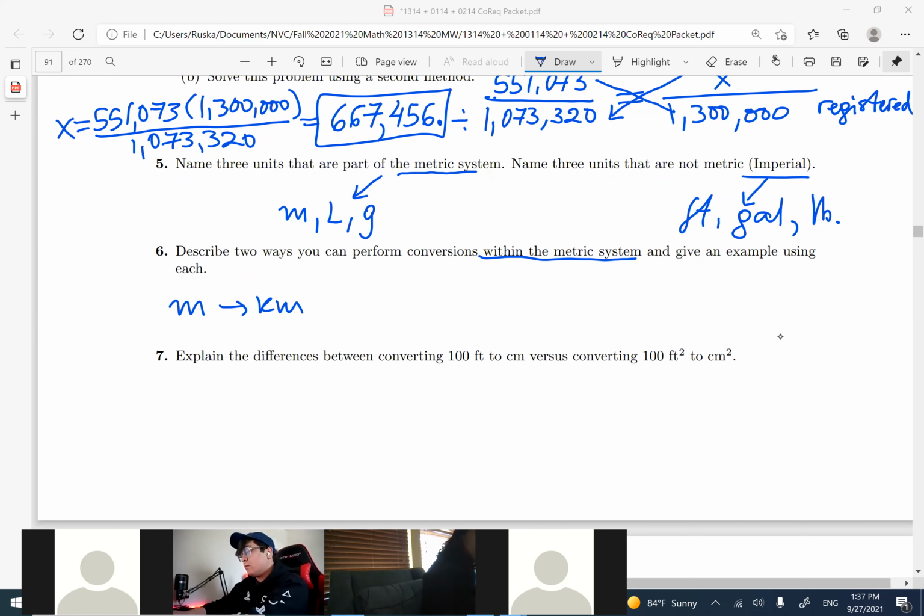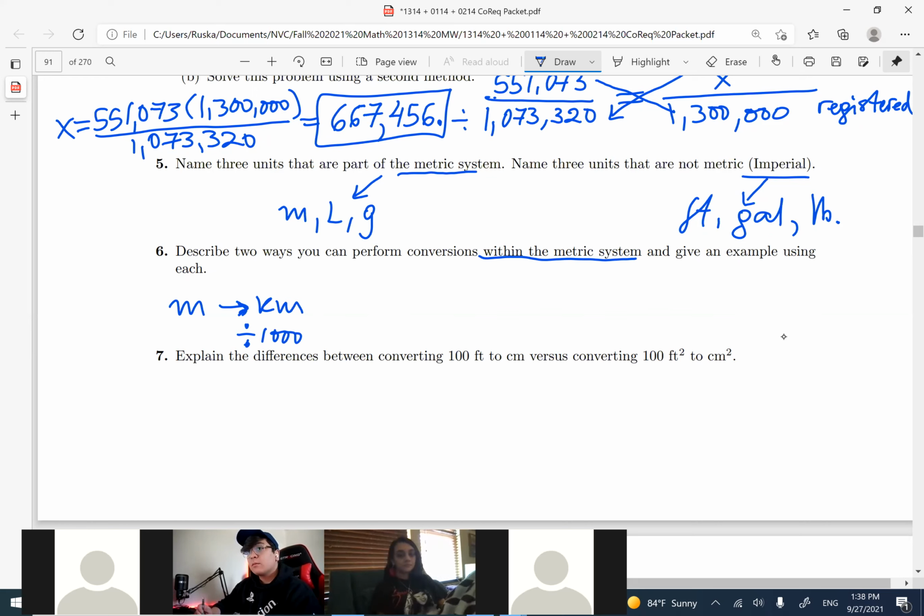One meter is points. Okay, that's right. So one way is if you divide by 1,000. That's right. So you're going to divide by 1,000. That's one way. And they said to give 2 different ways. So the first way is if I divide by 1,000, which means you move the decimal.